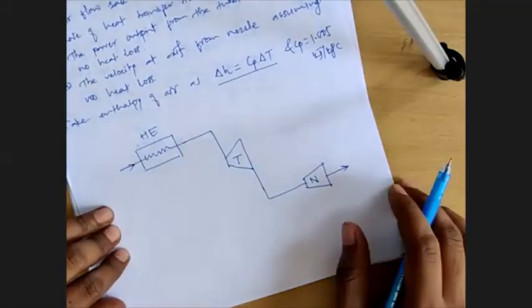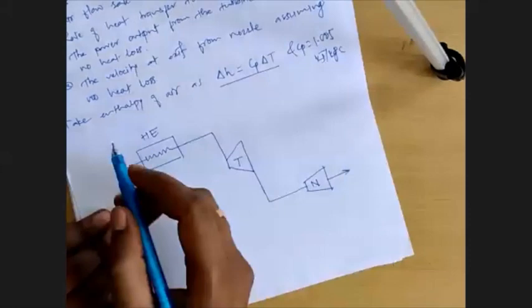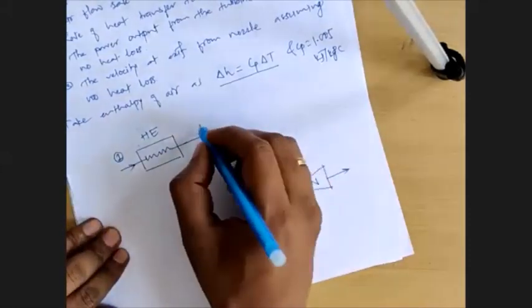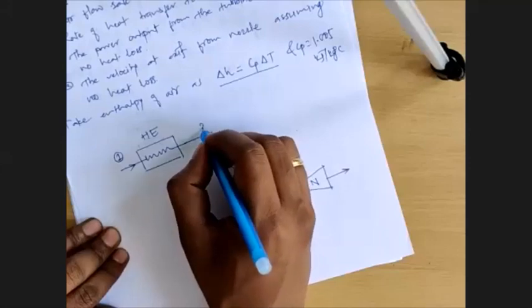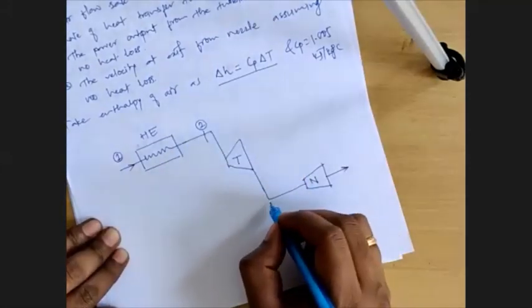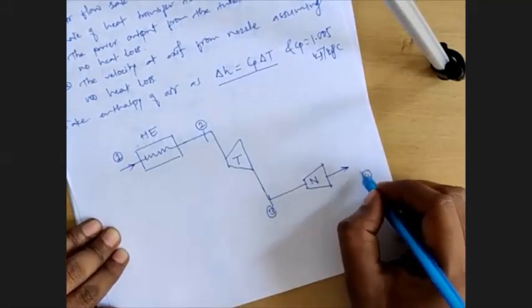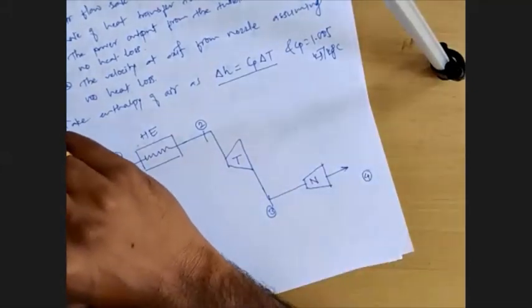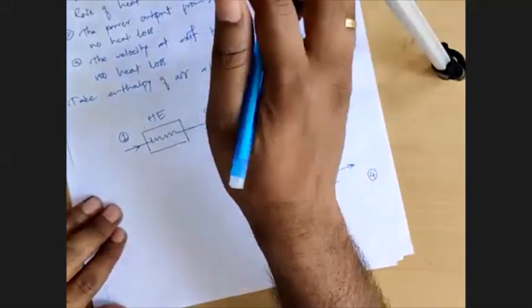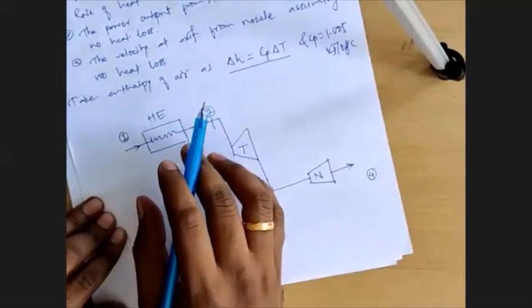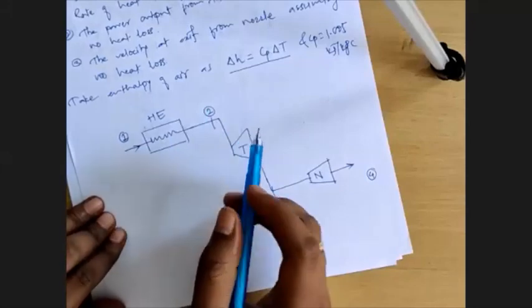Okay. So here we are going to consider this one as stage 1, this one as stage 2, this one as stage 3, and this one as stage 4. Like in the previous numerical, we were using inlet and outlet, but here there are multiple systems connected together.